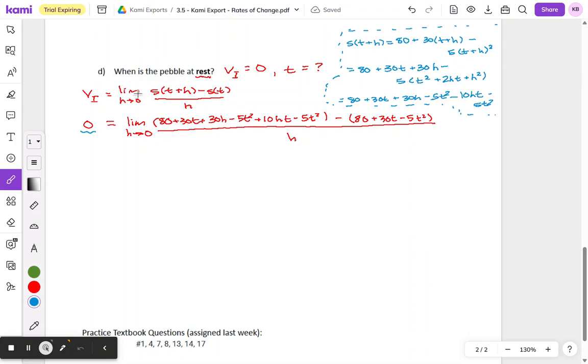So let's do our canceling out. My 80s can cancel out. My 30t can cancel out. My negative 5t can cancel out. Let's move down to the next line.